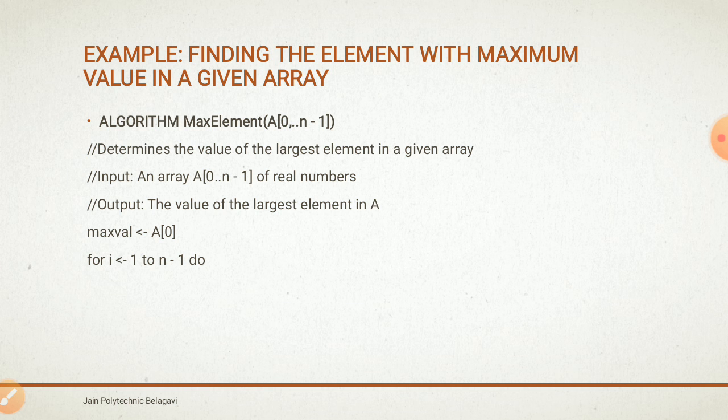Then for i = 1 to n-1, do this: if A[i] > maxval, then maxval = A[i]. Then return maxval. This is how finding the maximum element from an array will work, and these are the steps it takes.